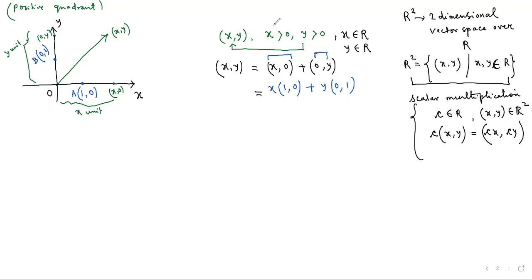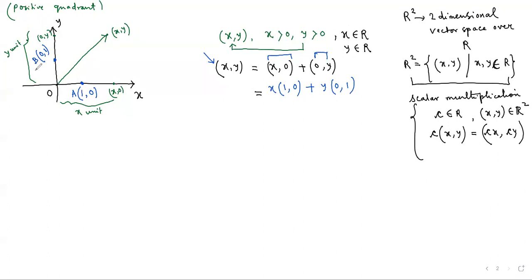Now you see what is happening over here. This point (1, 0) and this point (0, 1) were first chosen on the x-axis and y-axis. And any other arbitrary point (x, y) is actually the sum of the scalar multiplications of these particular points with respect to the real numbers x and y.